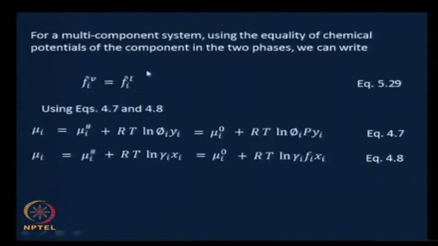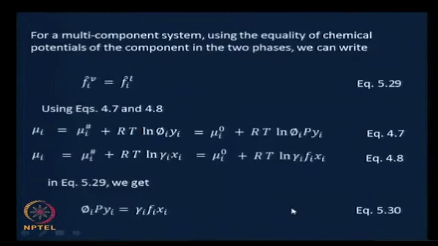We said that this is the condition, and if we just go ahead and equate these two, mu I naught will cancel out, RT will cancel out, therefore phi I P y I equals gamma I fi xi.